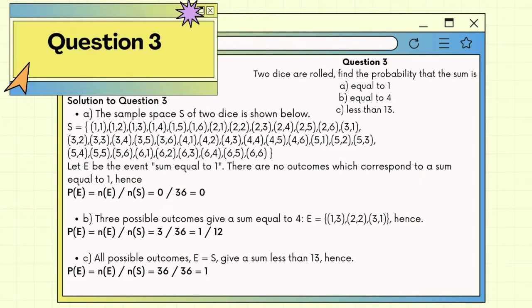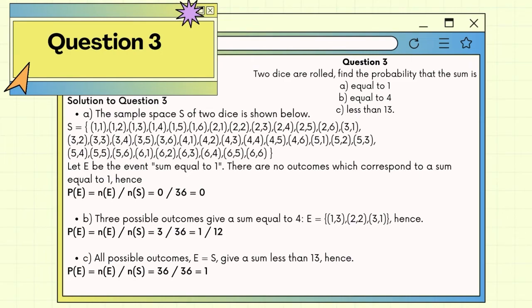As you can see, the S. Let E be the event sum equal to 1. There are no outcomes which correspond to a sum equal to 1. P(E) equals n(E) divided by n(S) equals 0 divided by 36 equals 0.